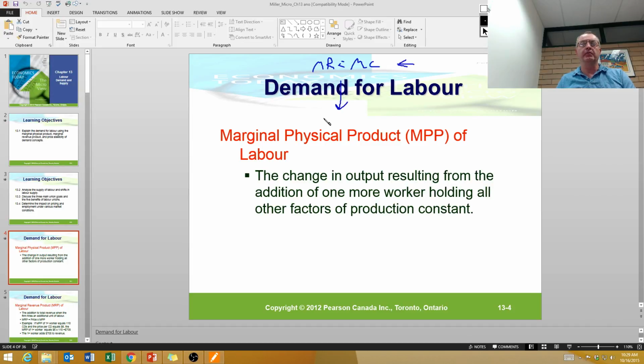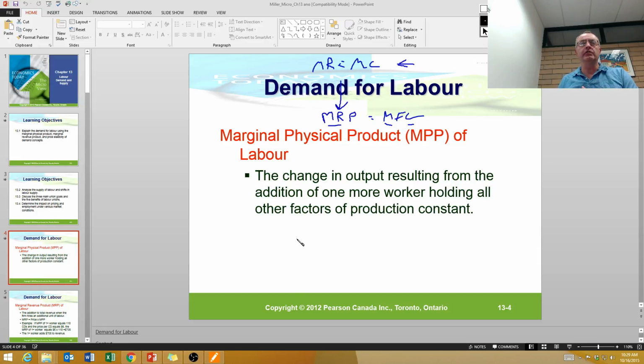The profit maximizing quantity of input the firm should purchase is the quantity corresponding to the point where marginal revenue product equals marginal factor cost. So it's marginal revenue equals marginal cost, same principle that applied in the output markets.